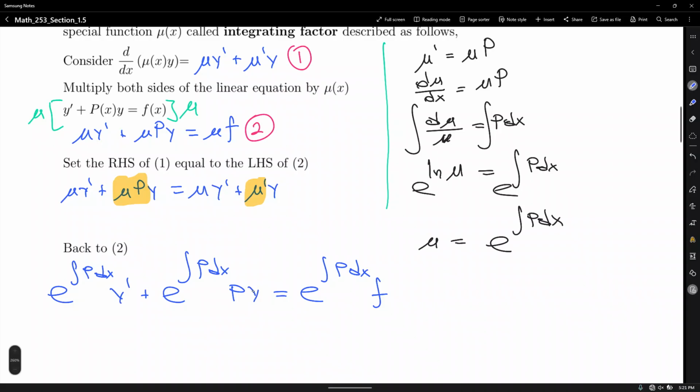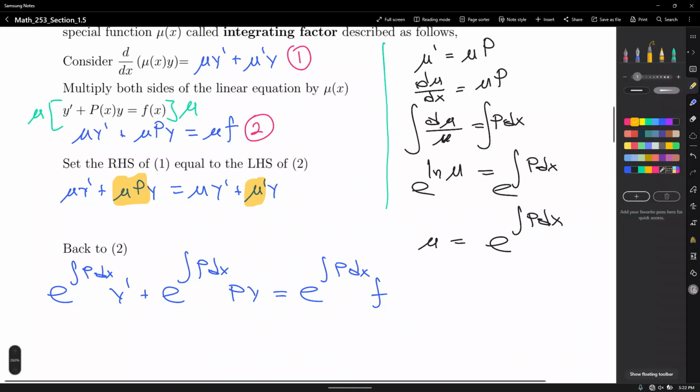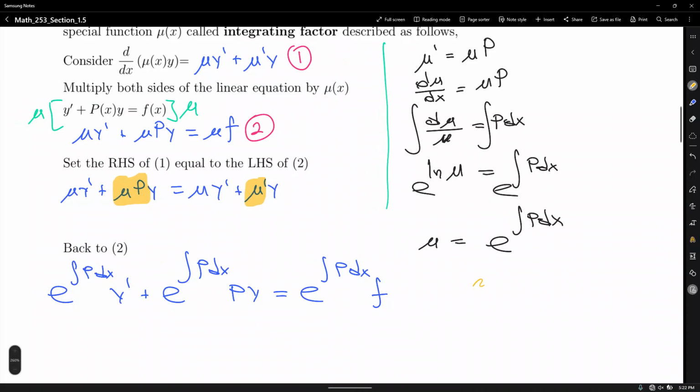What's the derivative of y? Isn't that y prime right here? And what's the derivative of e to the integral of p? Isn't that this quantity? If you're not sure about it, let me show you how I differentiate this exponential with the weird integral. Let me take the derivative with respect to x of e to the integral of p dx. Number one, what's the derivative of the exponential?